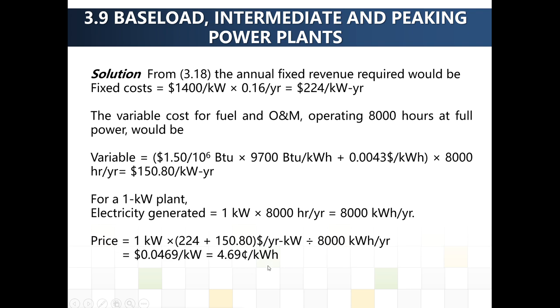What does this mean? This means that this pulverized coal steam power plant will require a minimum of 4.69 cents per kilowatt hour in order to meet its revenue requirement.